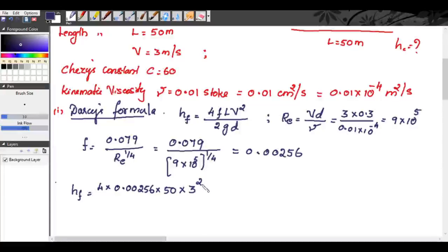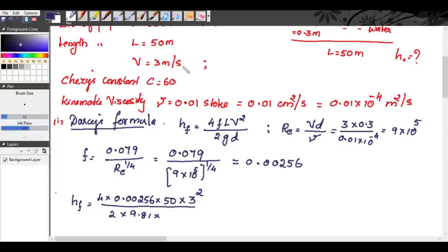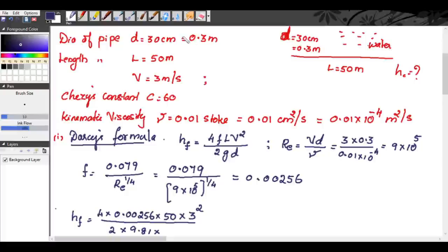So it is 3 square divided by 2 into G, 9.81, multiplied by the diameter of the pipe, given as 0.3 meter. So we get the head lost due to friction by using Darcy's formula as 0.7828 meter.